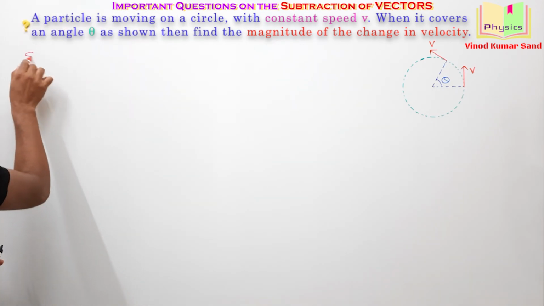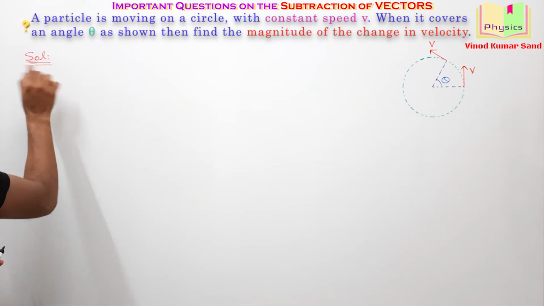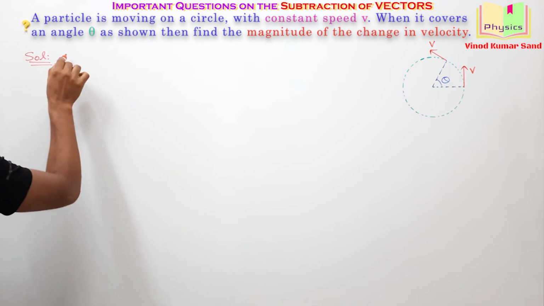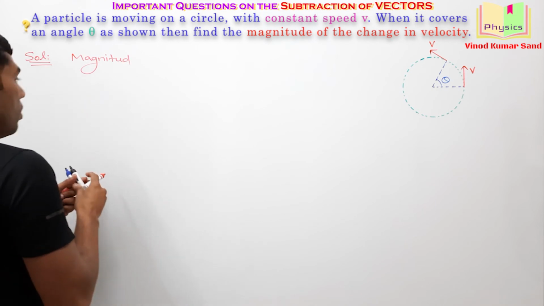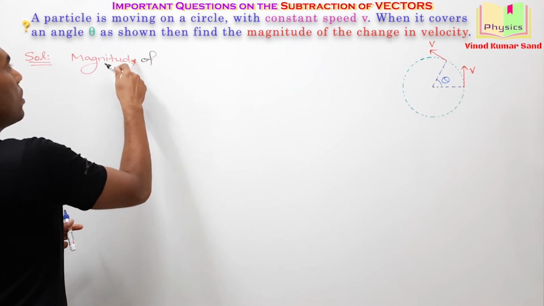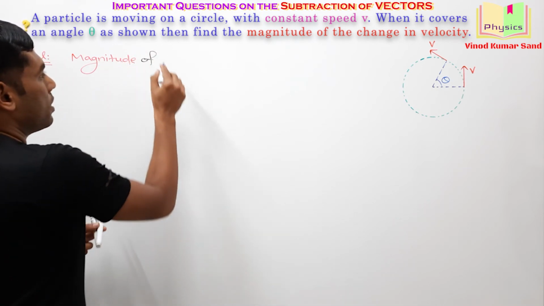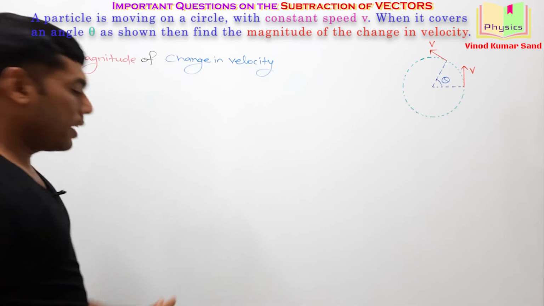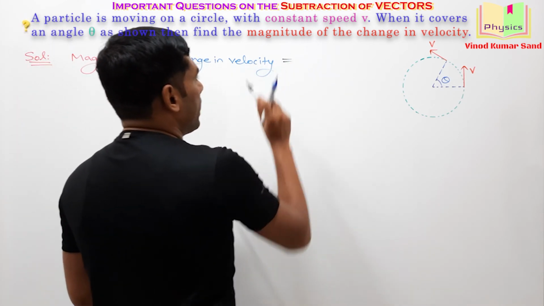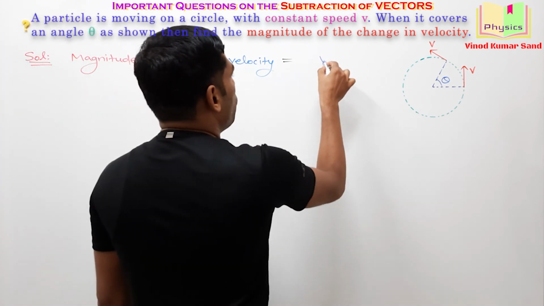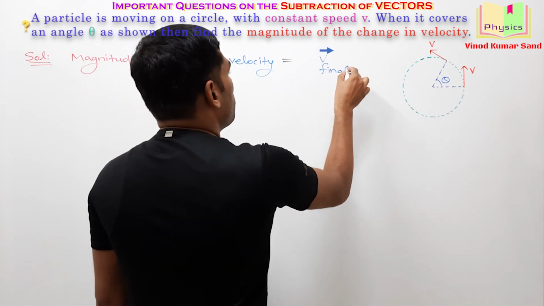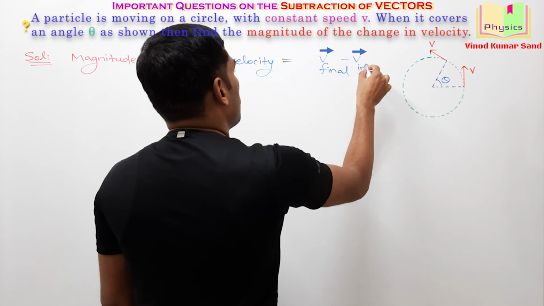Let us start the solution part here. The question is asking us the magnitude of change in velocity. So mathematically, how are we writing that? Change in velocity means v final minus v initial.